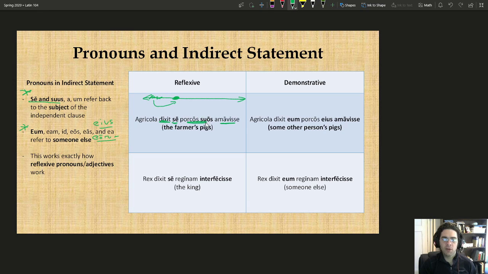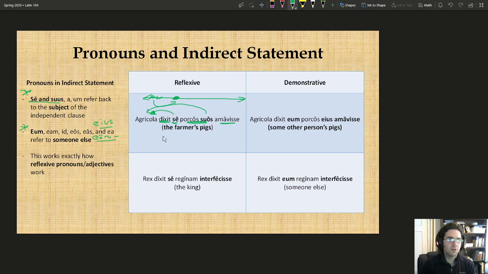Our reflexive adjective here is used in the plural because it modifies our noun, but it still refers back to this agricola, this farmer who did this, as well as our reflexive pronoun too. It still refers back to this point. So the farmer said that he loved his pigs.